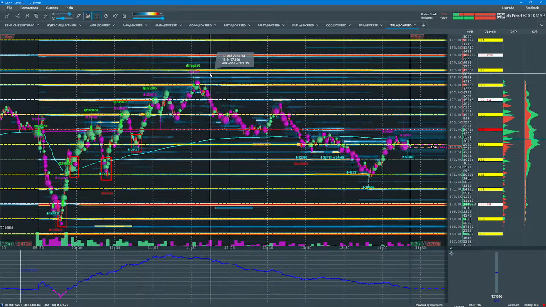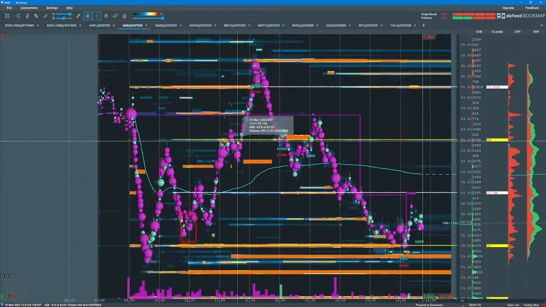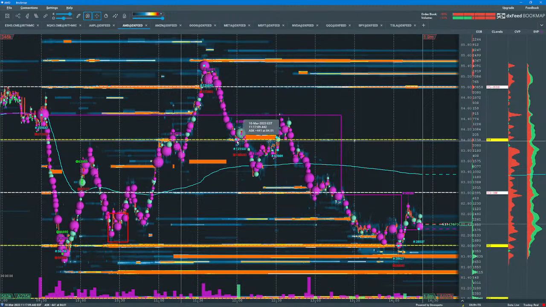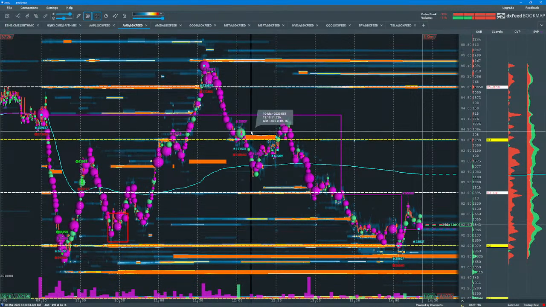All right, let's take a quick look at some other stocks. I did most of my prep here in the morning, so I was looking at some long setups.